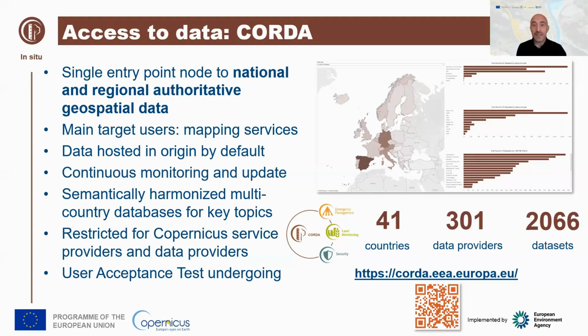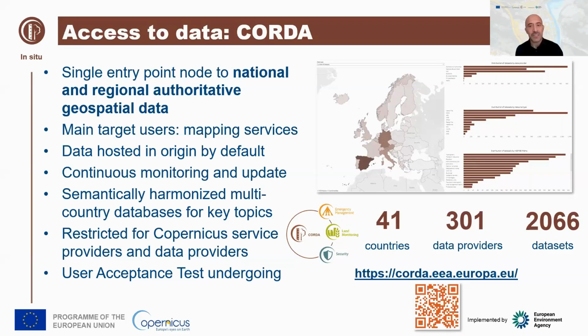We are also providing a semantically harmonized multi-country database for key topics. That's what we call the multi-country datasets. We'll give you a bit of detail later on. And again, because we are targeting Copernicus service providers as main users, and some of the data that we provide are not publicly available, this tool is restricted for Copernicus service providers, at least those datasets which have any kind of restrictions.